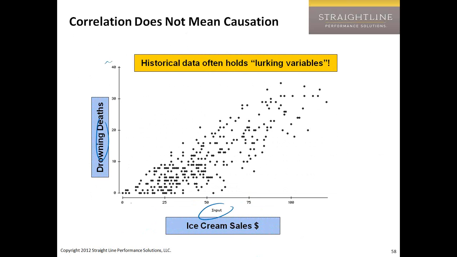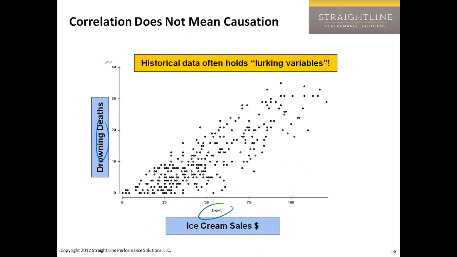Well, maybe mom was right. Maybe everybody's eating ice cream and then going out there and getting a stomach cramp, not waiting a full hour, and drowning. What's more likely to happen is that ice cream sales are correlated with time of the year or temperature outside. When it's hotter outside, there are more ice cream sales, as well as drowning deaths.